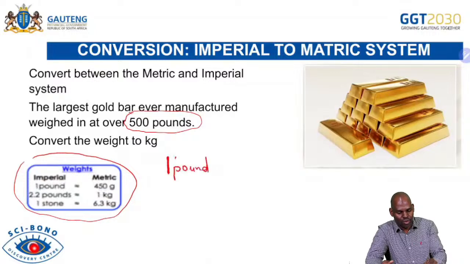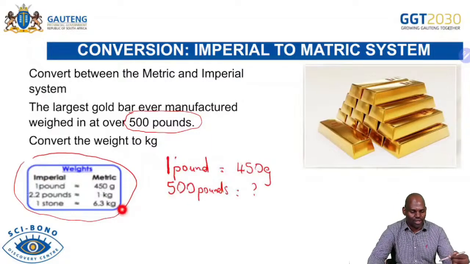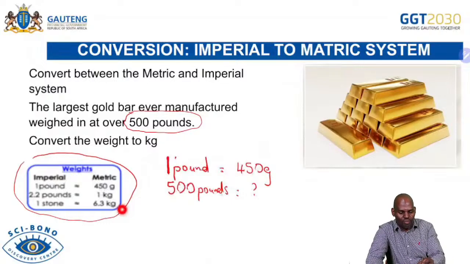But in this case, we've got 500 pounds, and then we need to convert it to grams. The question says we need to convert it to kilograms, but we can still convert it to grams, and then after converting it to grams, you convert it to kilograms. Does not matter.